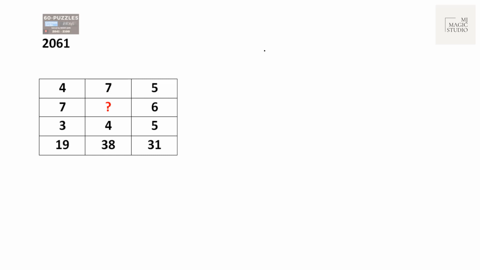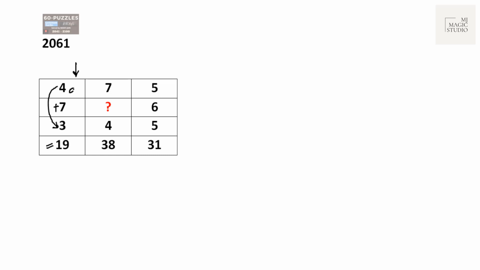Okay. Another grid and what to do? If we go row wise. Let's move column wise. 19, 7, 4, 3, bingo. 4 into 3 is 12, plus 7 is 19.